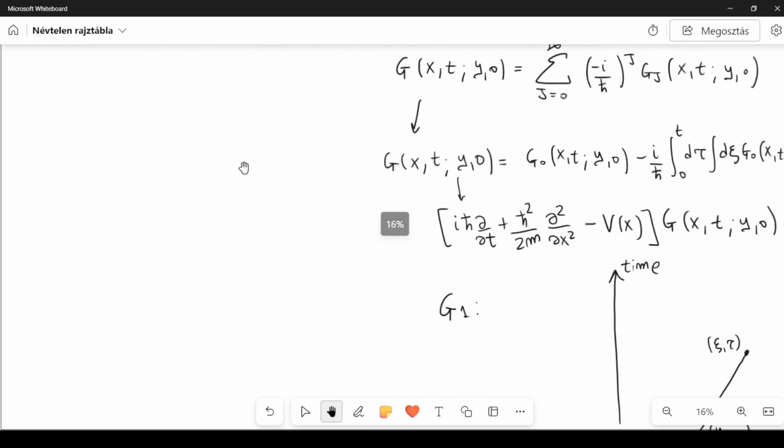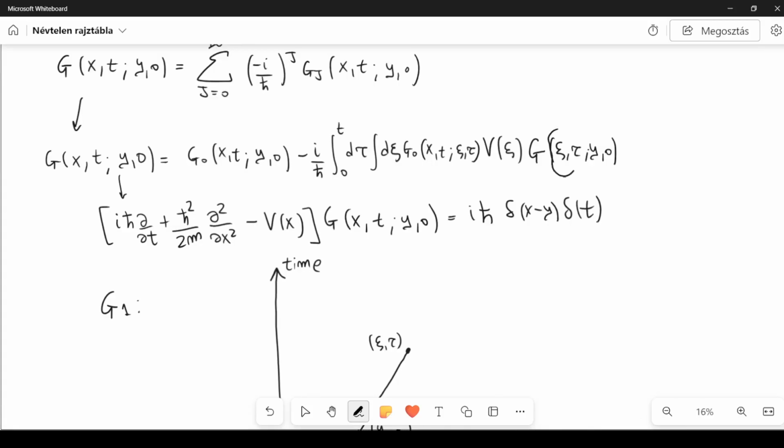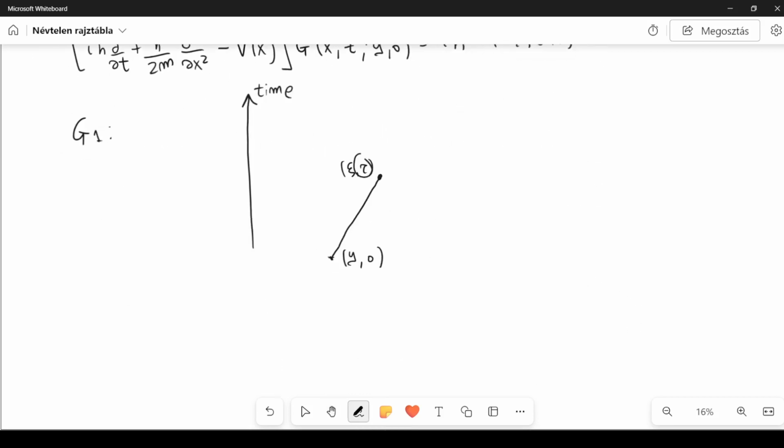If you recall, this xi, tau appears as an intermediate step between this point and this final point here. So you have xi, tau at time t equal to tau, point xi. So here you have some kind of interaction with the potential at xi, and then you have a final free propagation to the point x, t. So this is the interaction of first order.